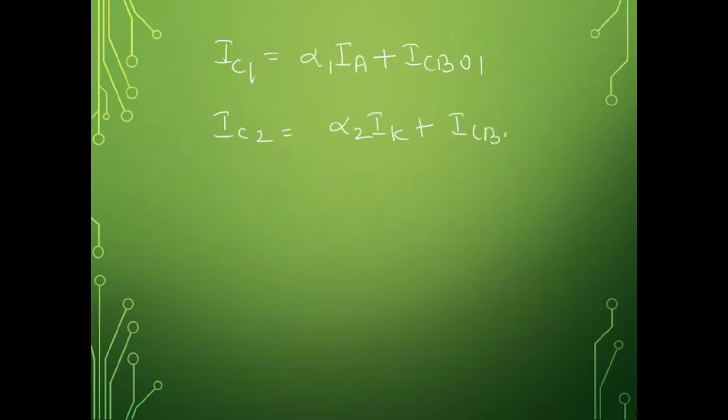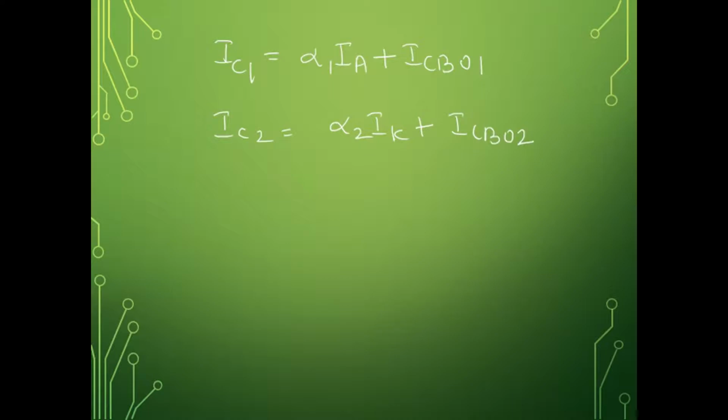IC1 is equal to alpha 1 into IA plus ICBO1, and IC2 is equal to alpha 2 into IK plus ICBO2.